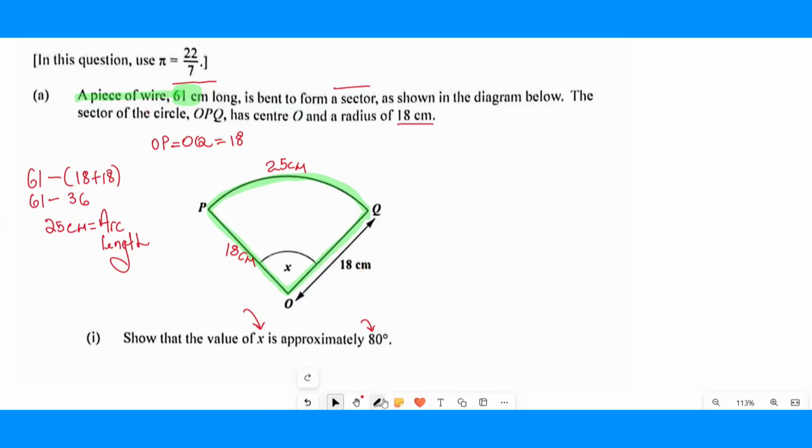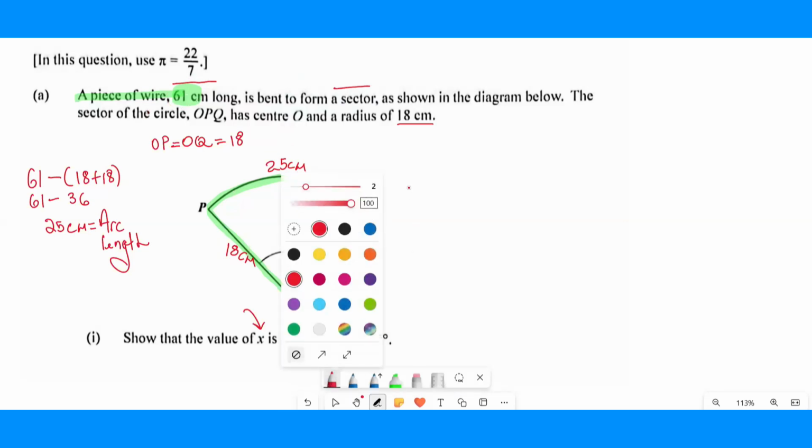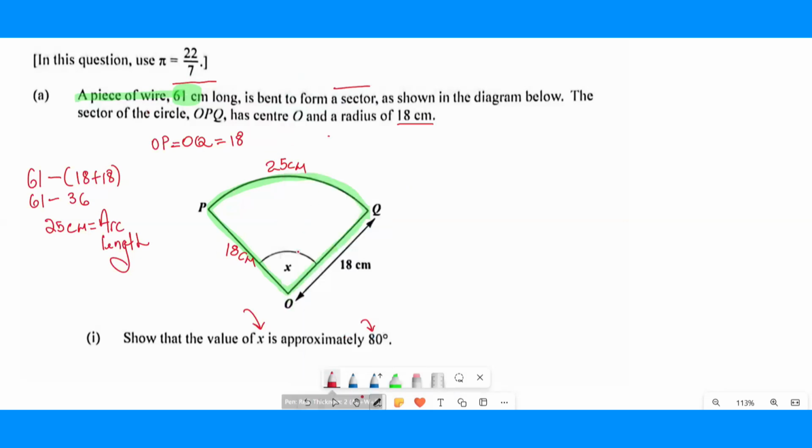Now, what we're going to do is to take this idea and now utilize it to find the angle at the center of the circle. Remember, though, that arc length is equal to the angle at the center, I'm going to use x, out of 360 times 2 pi r.